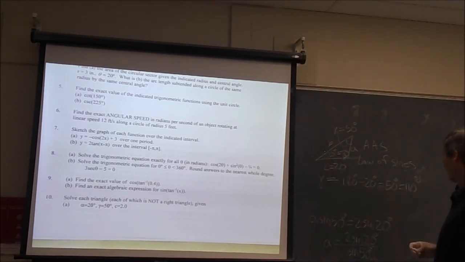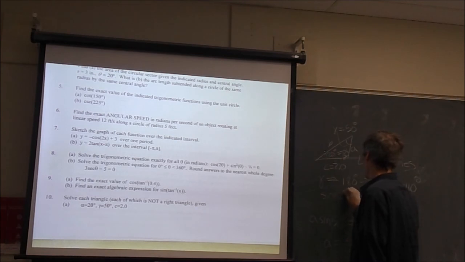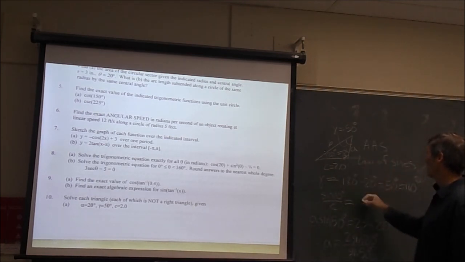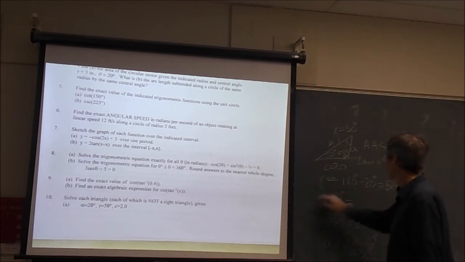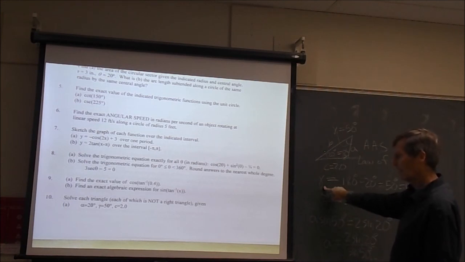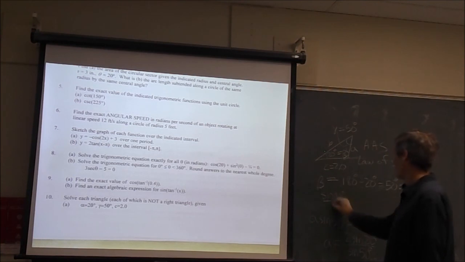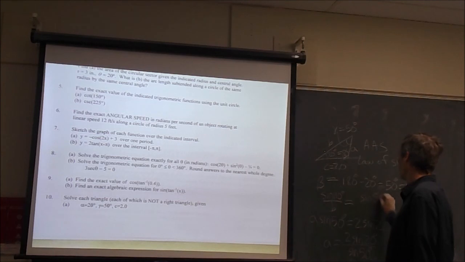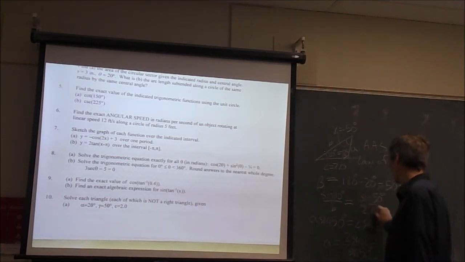And if I apply the law of sines again, I'll say sine of 110 degrees is to B as sine gamma, 50 degrees, is to c, which is 2.0.